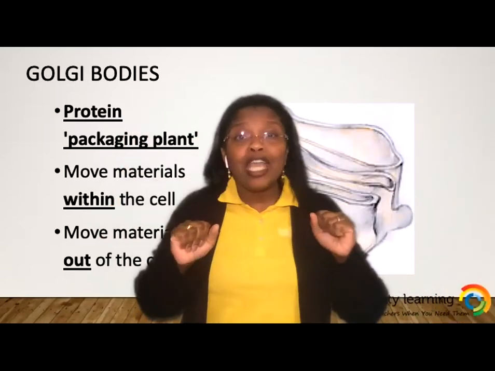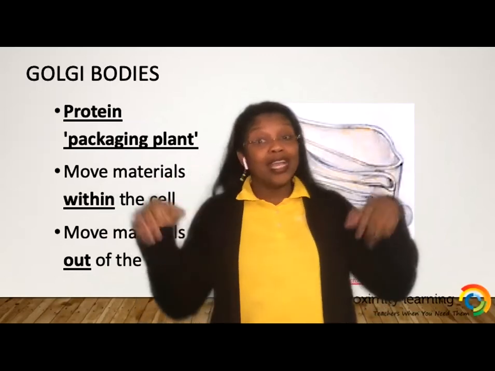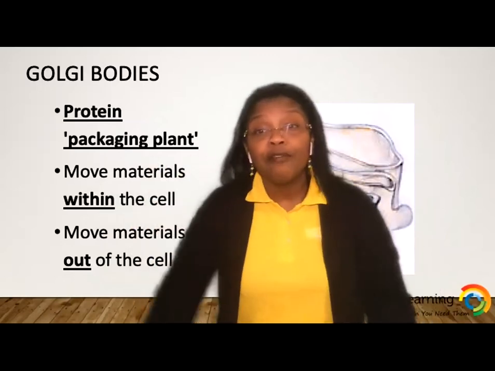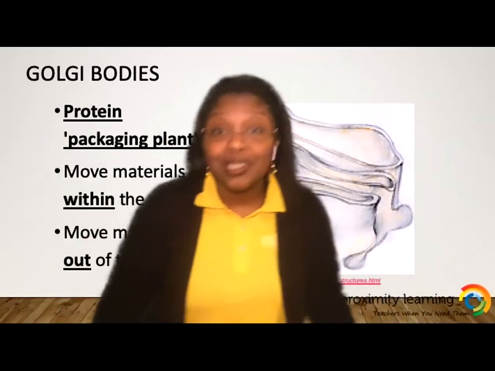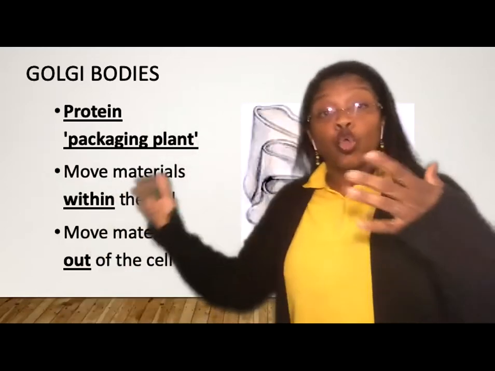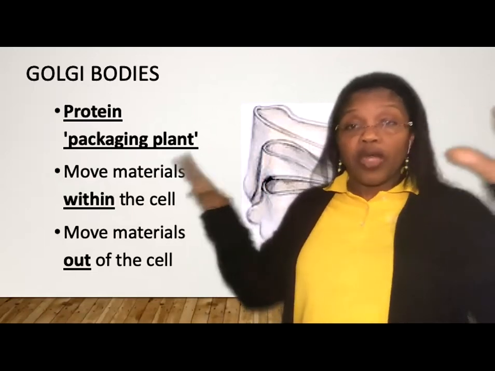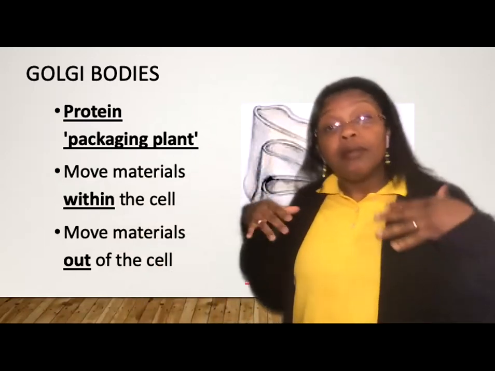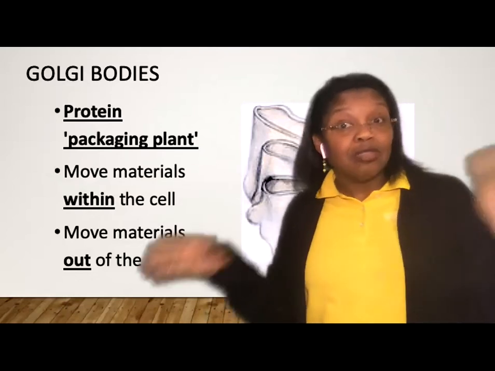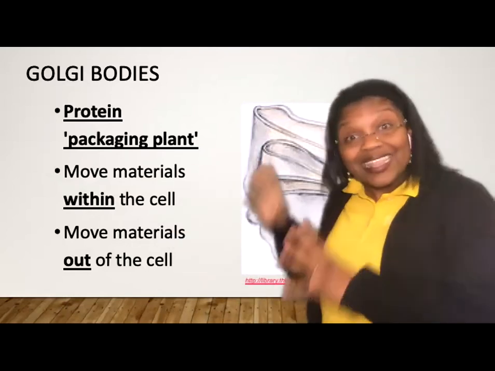So let's say you are a young boy and it's puberty time and it's time for you to become a man. Well, you need some testosterone, right? So your cells, particularly your testes, are going to be making some testosterone, and it's made in the cell.